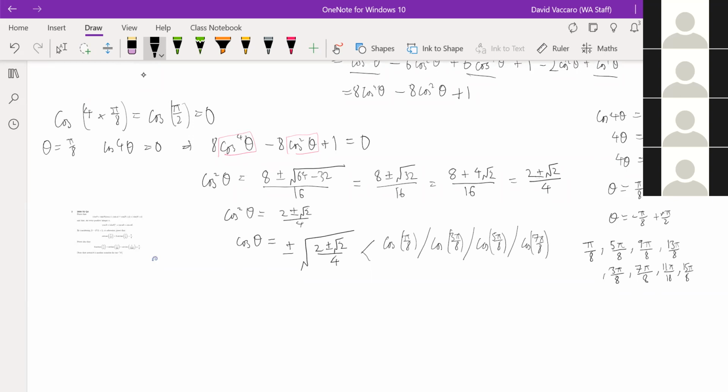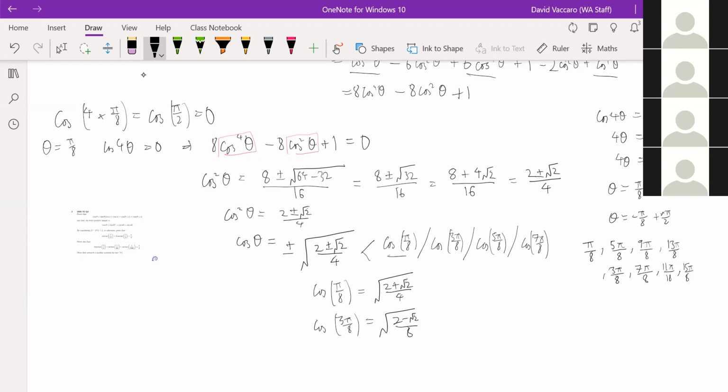Now, which is which? If you think of the cos graph, the largest positive one is going to be cos pi over 8, because the smallest angle is going to give me the largest value of cosine. So cos pi over 8 is the largest value. Cos 3 pi over 8 is going to give me the smaller positive value, which is the square root of 2 minus root 2 over 4.